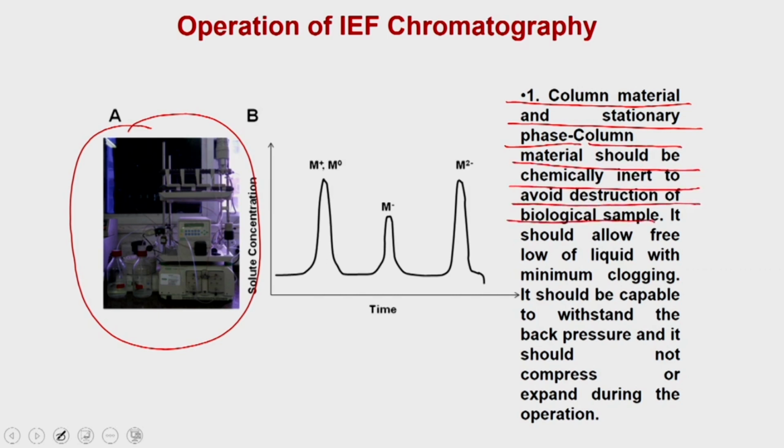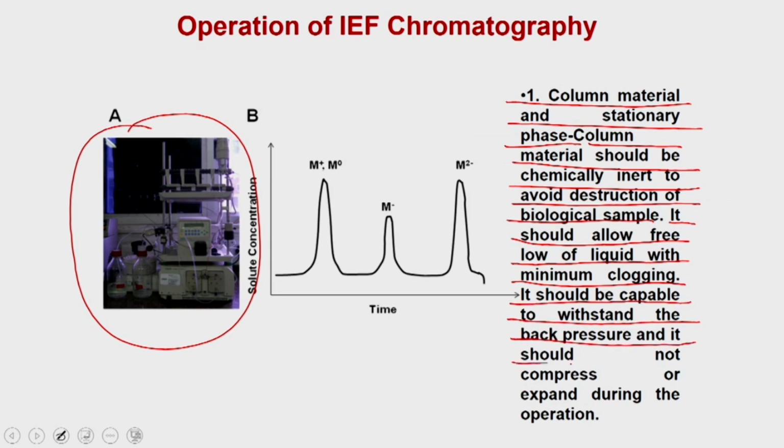That is very important: whatever material or matrix you take should not react with the proteins. It should allow the free flow of the liquid with minimum clogging, which means the column you prepare should allow the running of the buffer, and it should be capable of standing the back pressure.